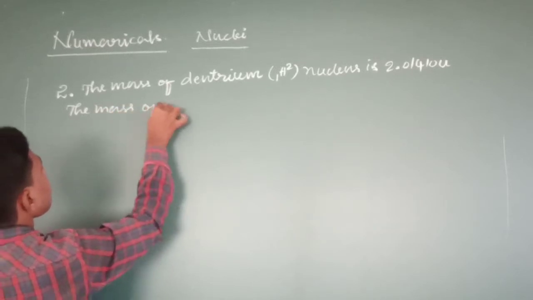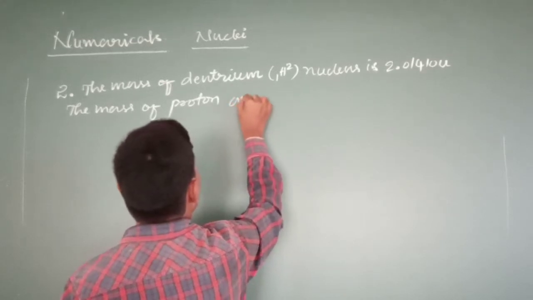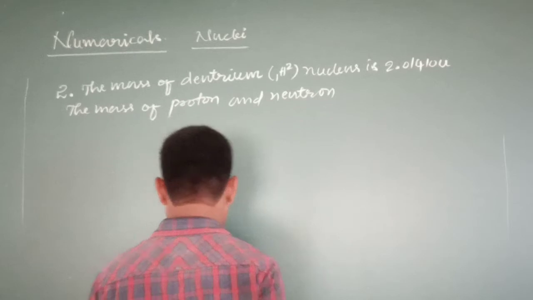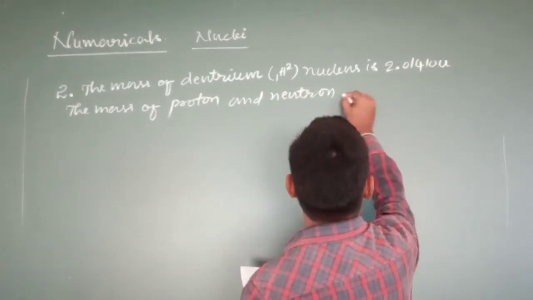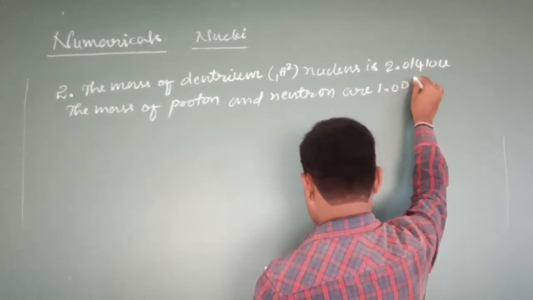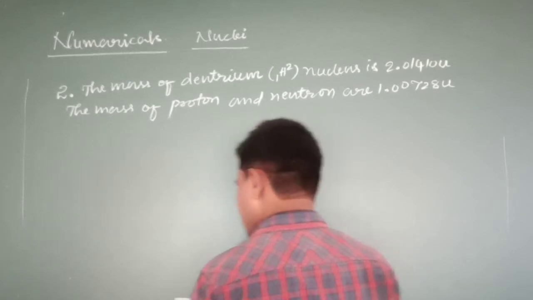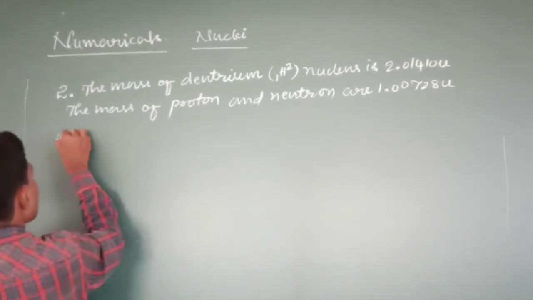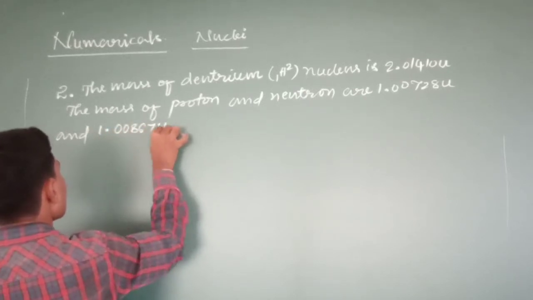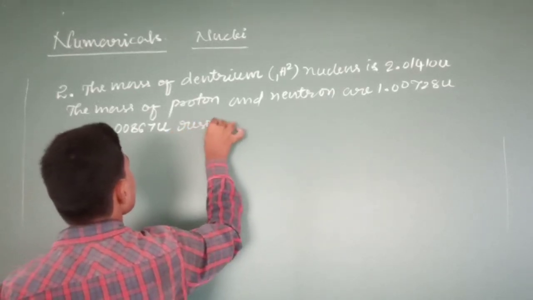The mass of proton and neutron are 1.00728 U and 1.00867 U respectively.